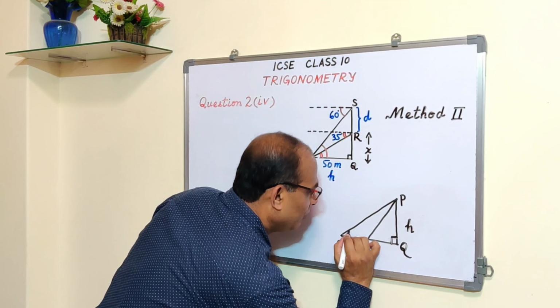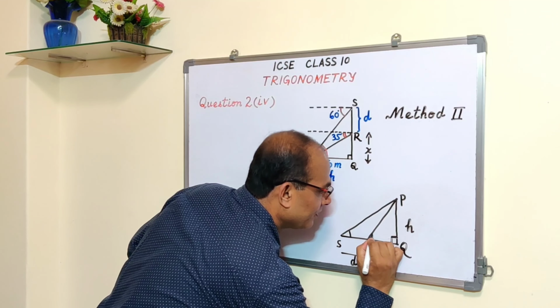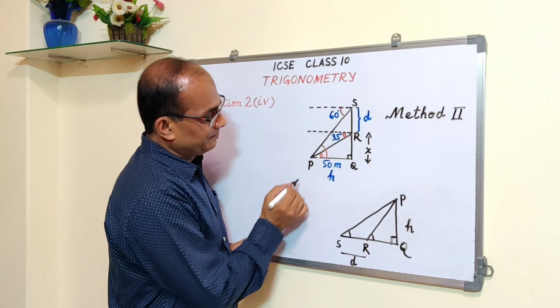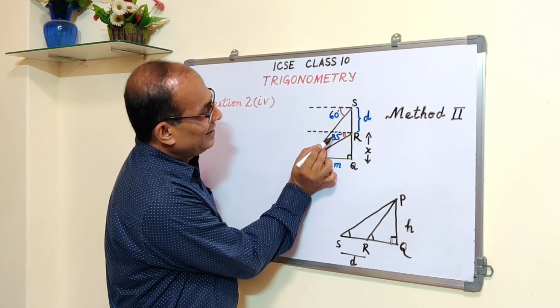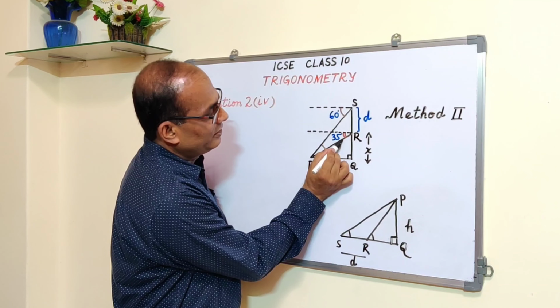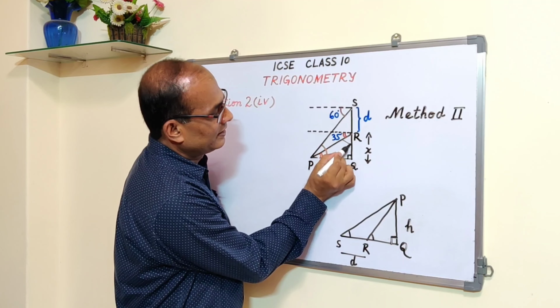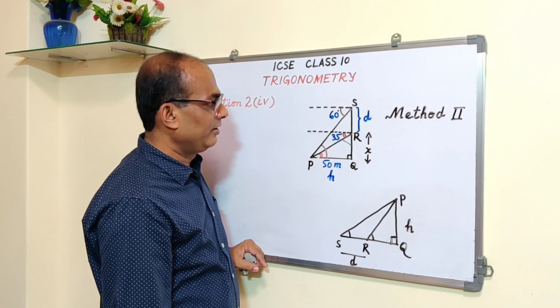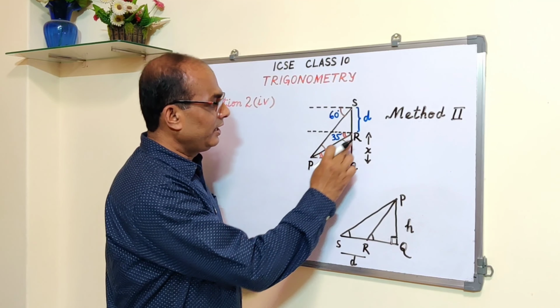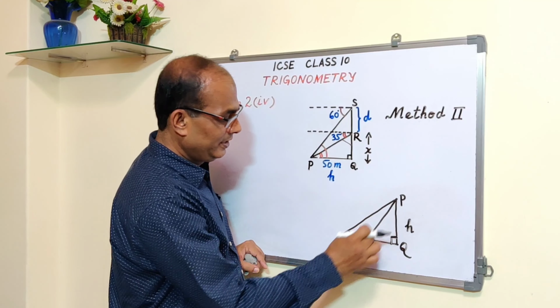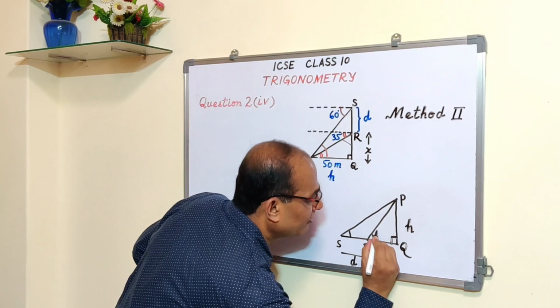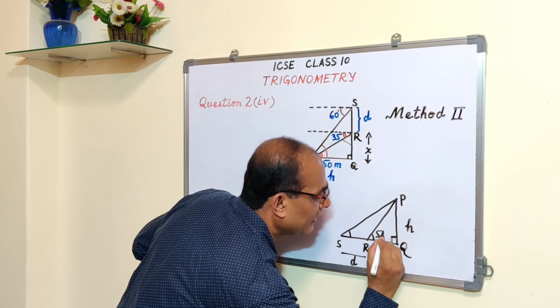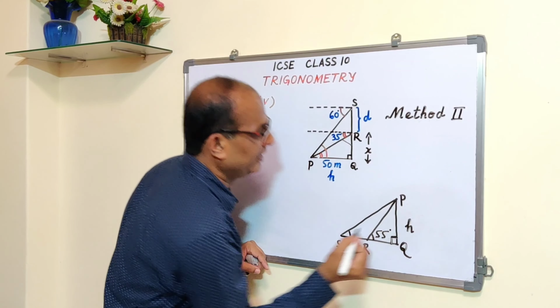Okay. Now we want these two angles. Look here. This angle is 35. So this is how much? 90 minus 35, that means 55. So angle PRQ is 55 degree.